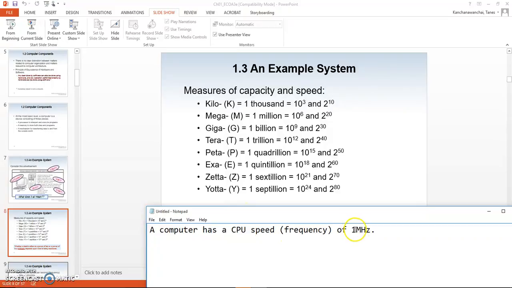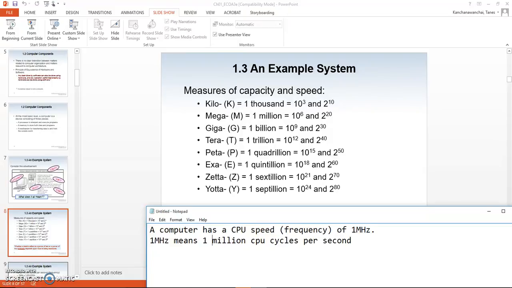So meaning that, this means what? 1 megahertz means 1 million CPU cycles per second, right?